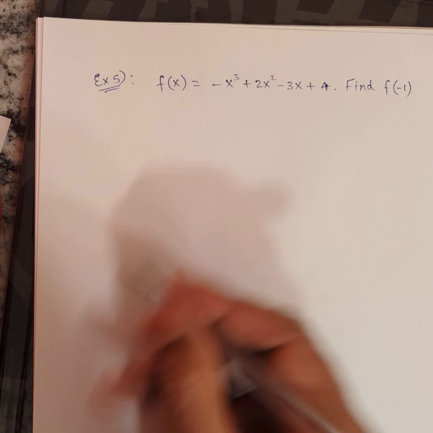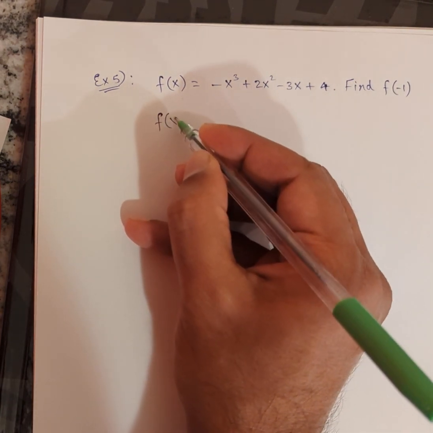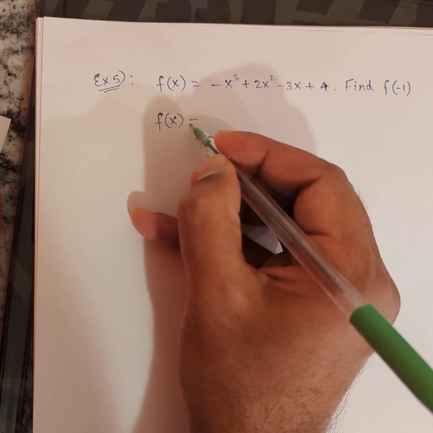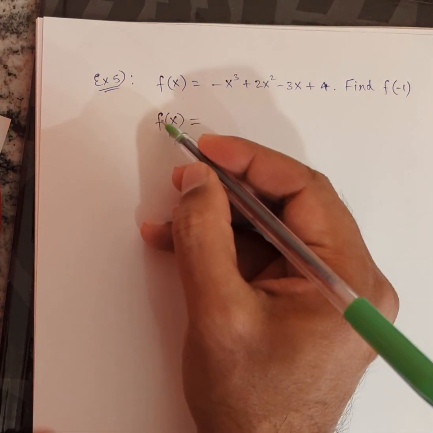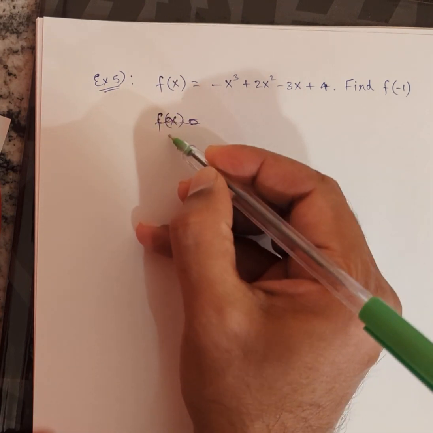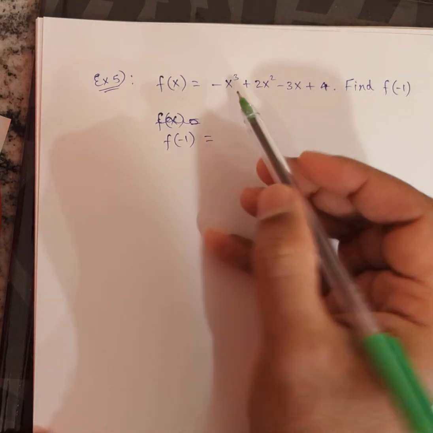Now this is where you're going to notice that using parentheses is going to be extremely helpful. So it's not f of x. I should be finding f of negative 1.